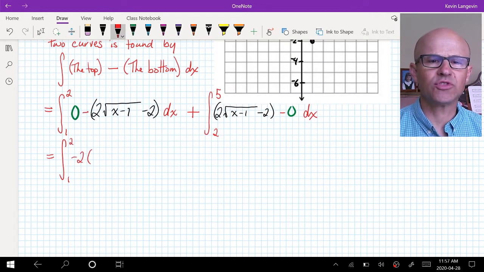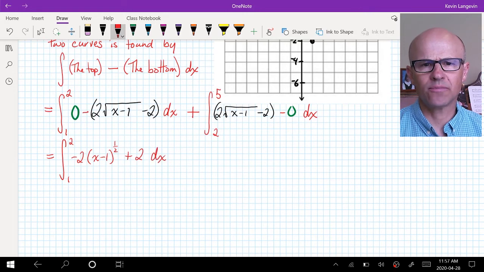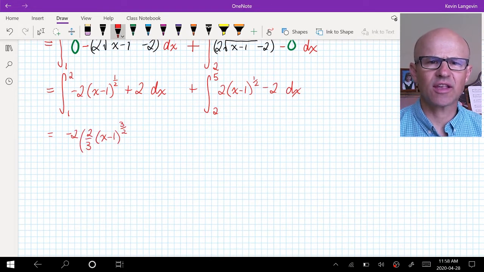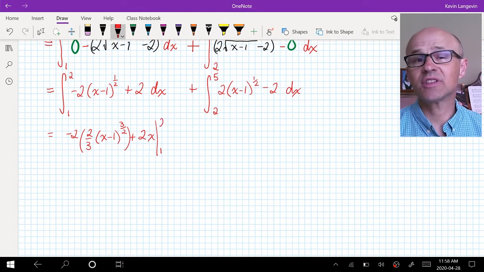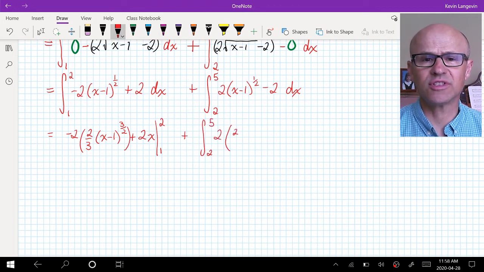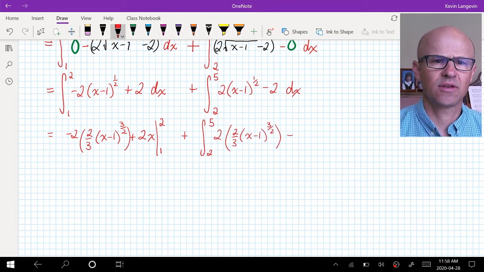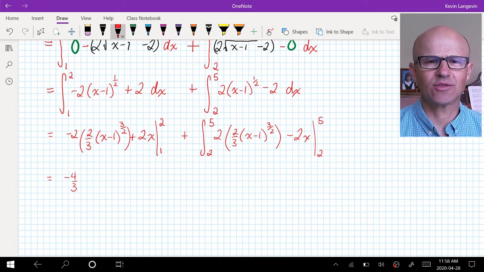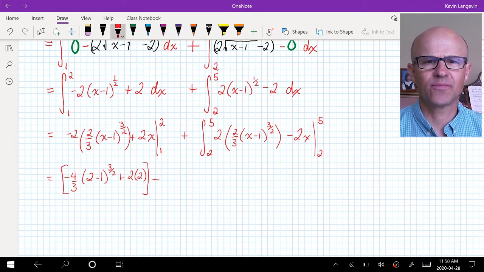Then it's a matter of doing the antiderivative of each one. For the first piece, I calculate it from 1 to 2. For the second piece, I calculate it from 2 to 5. Just a little bit of math here, and as I did this, I was having some fun avoiding calculators to the best of my ability.